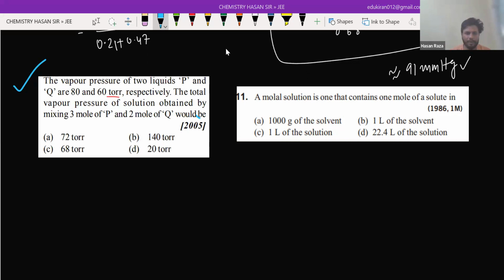Okay, just calculate it. The calculation in this question is not tough. It will be cancelled easily.